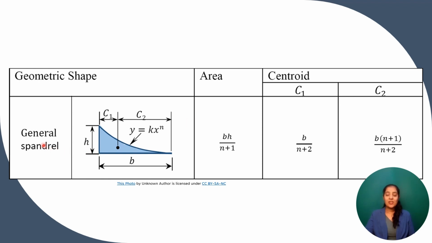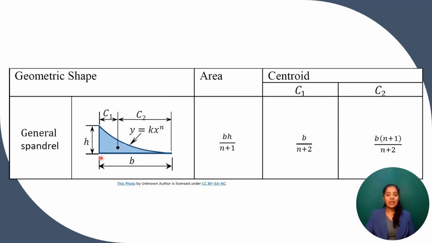This is general spandrel. So it is easier to remember this, whose base is b, height is h, equation is y is equal to k into x to the power n. Then its area is bh divided by n plus 1.